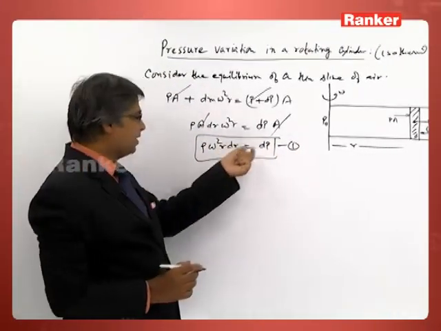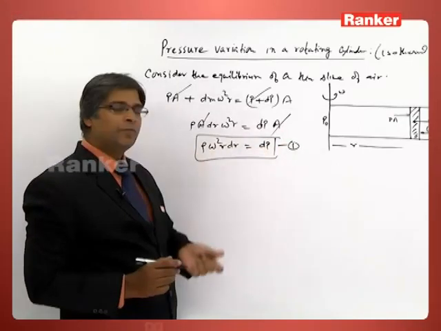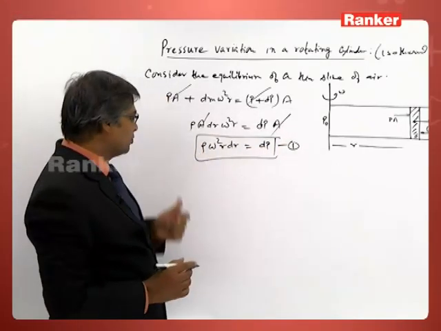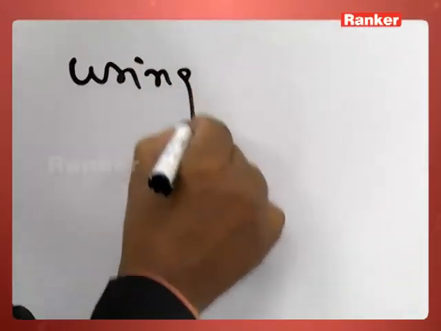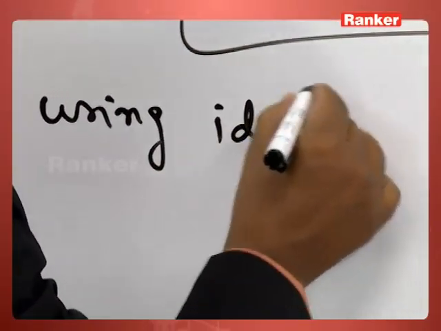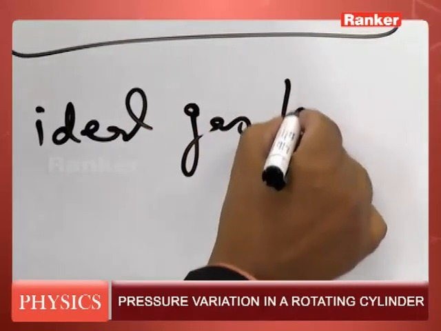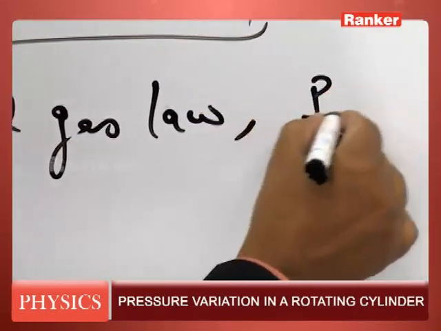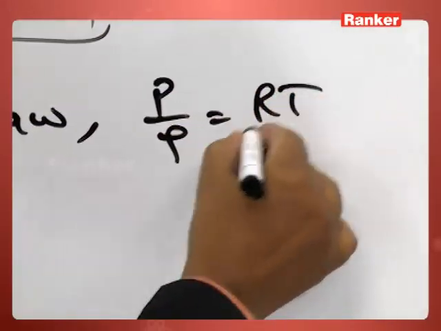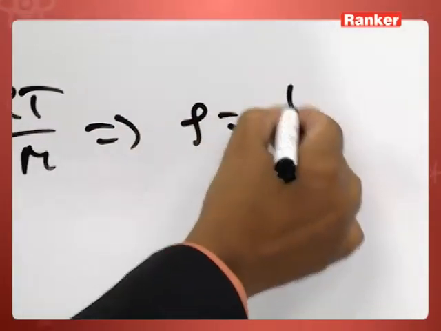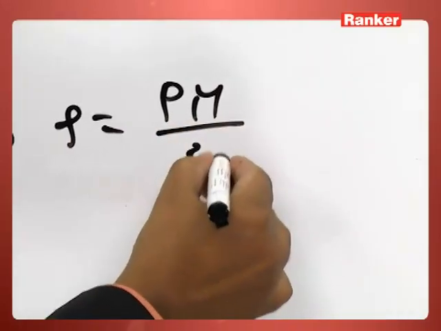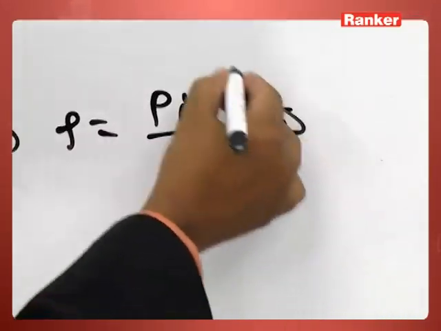We have related the change in pressure dP with dr. We want to know rho. So using the ideal gas law, P by rho is equal to RT by M, which implies rho is equal to PM by RT. This is the second relation.